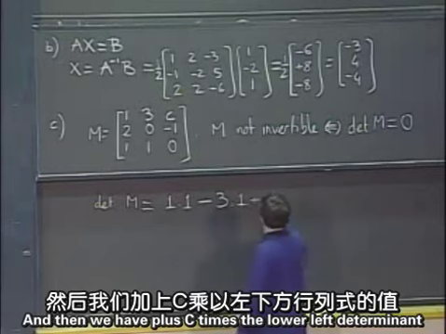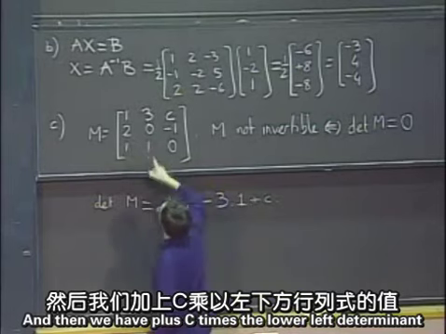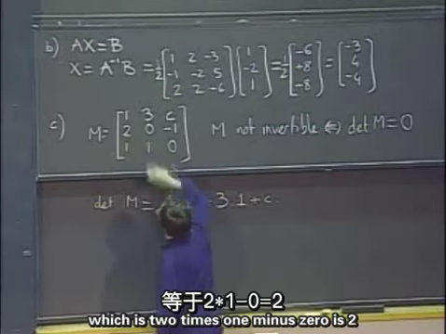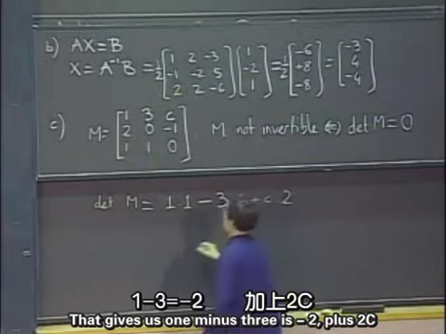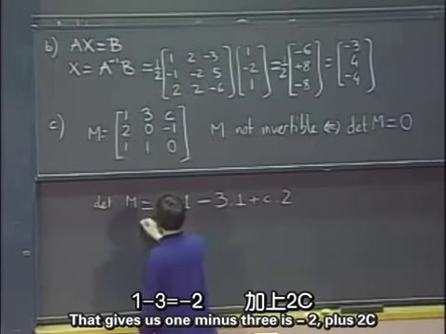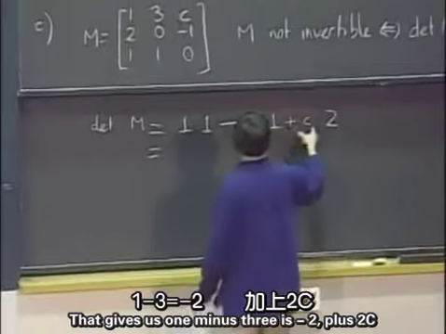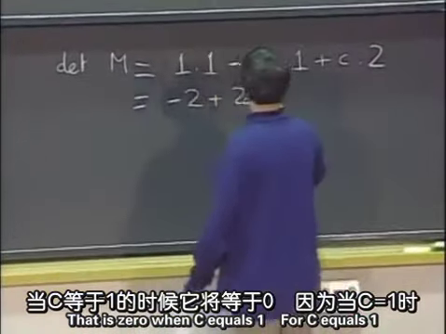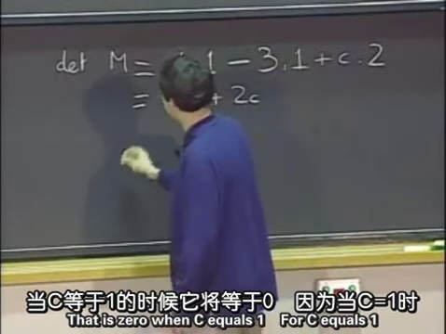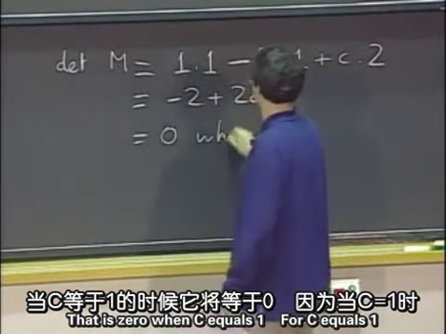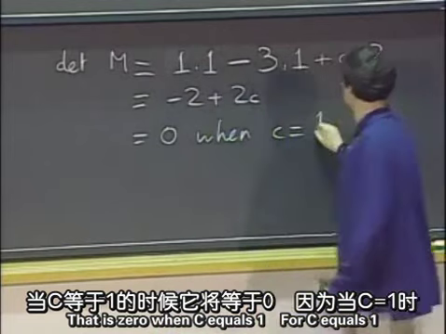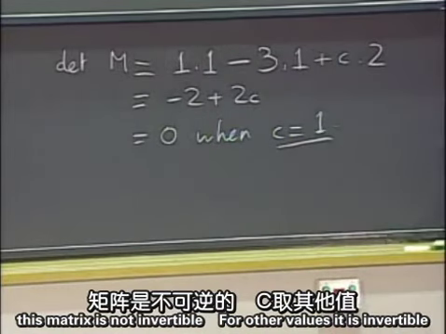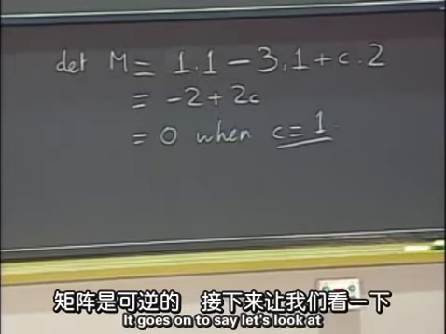And then we have plus C times the lower left determinant, which is 2 times 1 minus 0, which is 2. So that gives us 1 minus 3 is negative 2, plus 2C, that's 0 when C equals 1. So for C equals 1, this matrix is not invertible. For other values, it is invertible.